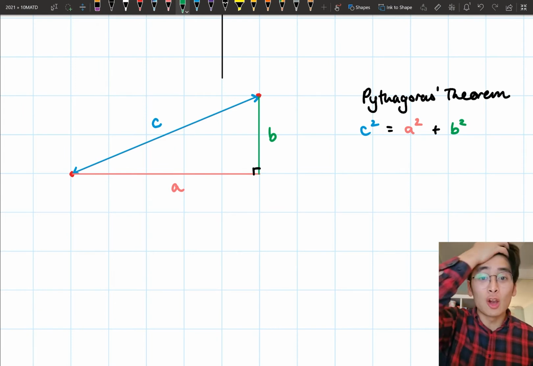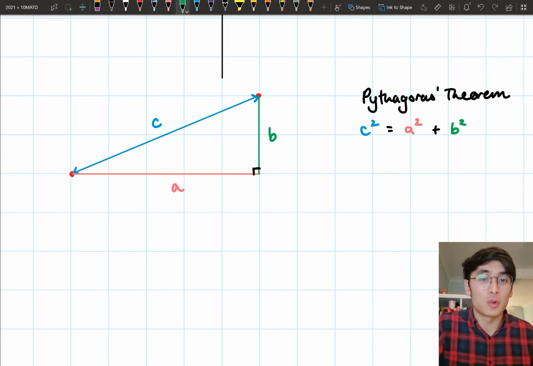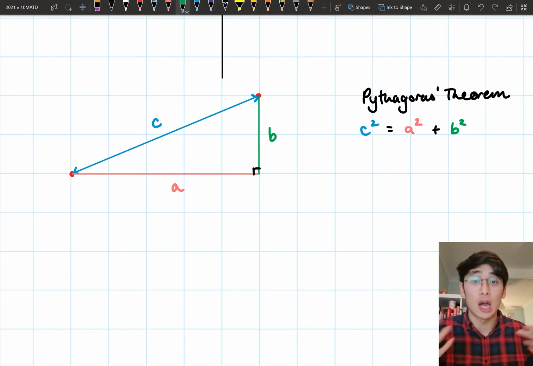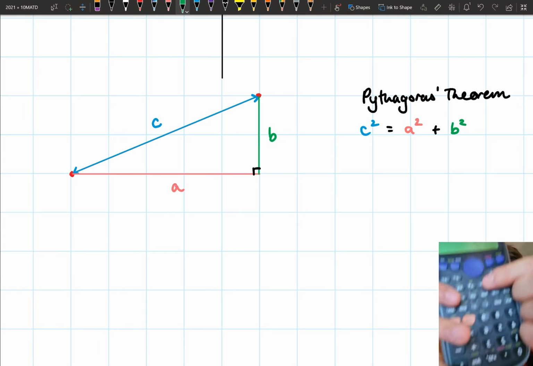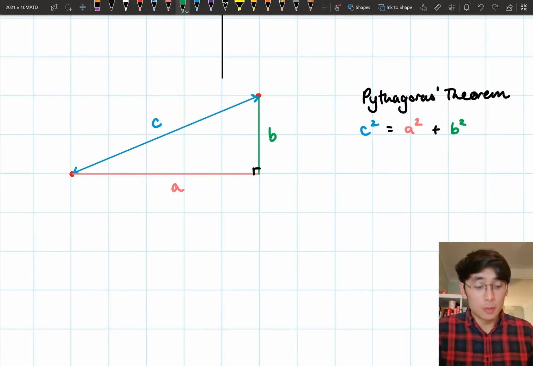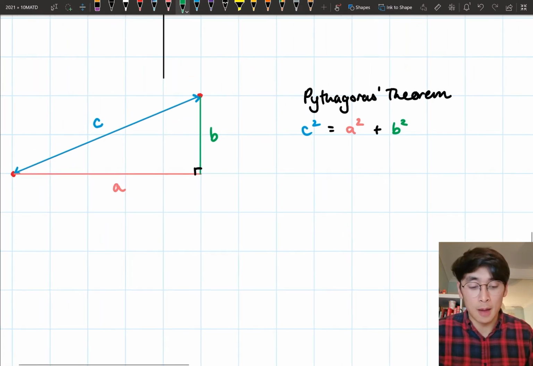So if I want to find how long C squared is, I just need to go, C squared is equal to A squared plus B squared. So I square the 2 sides, A and B, just timesing it by itself, or if you have a calculator, some calculators have a funky button which allows you to square that number. So we square the numbers and then we add them together, and that gives me the square of my long side.